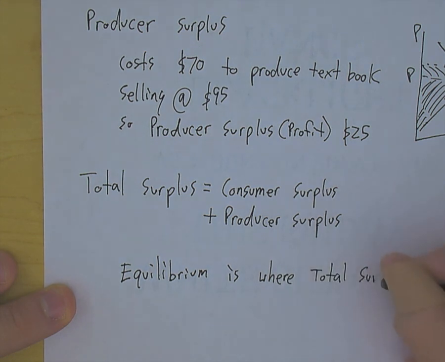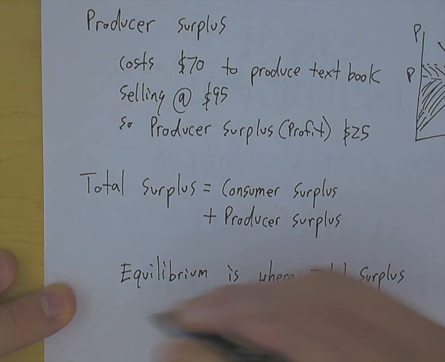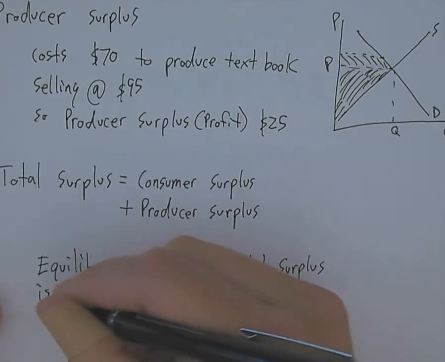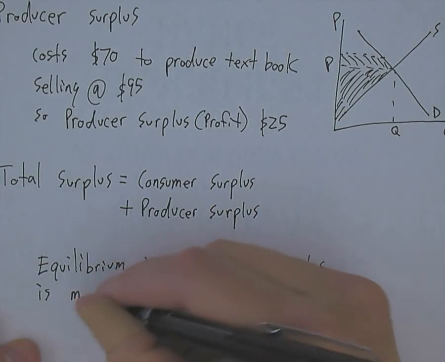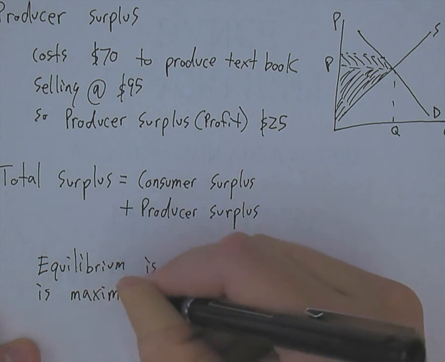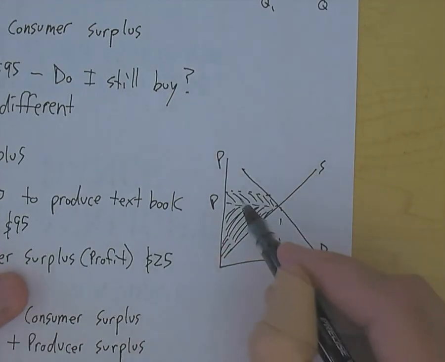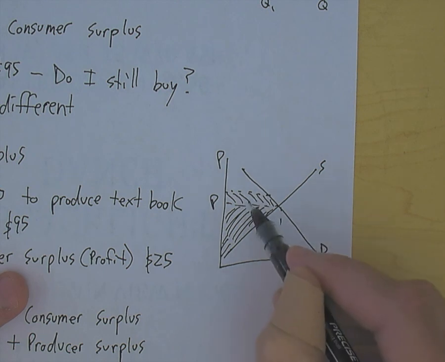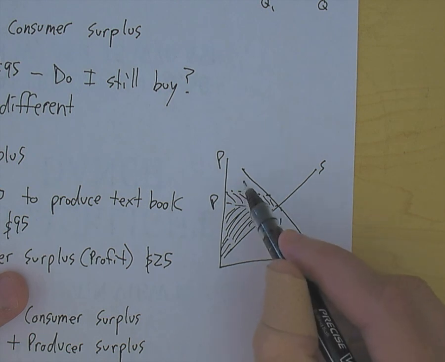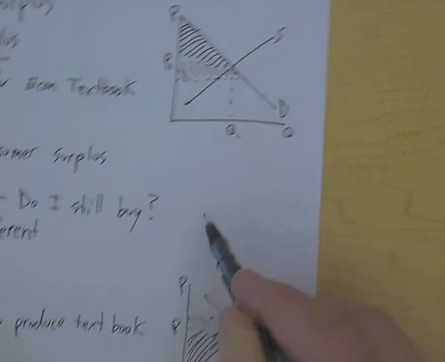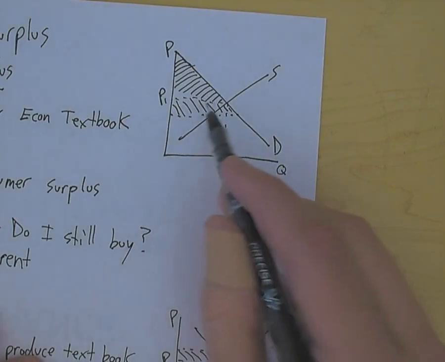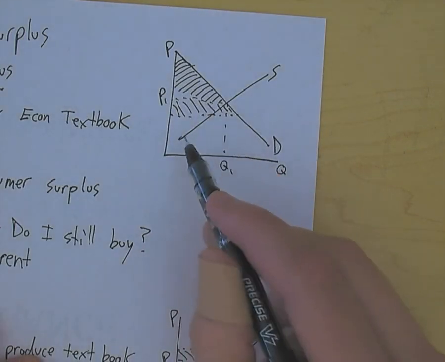Total surplus is maximized. Looking at this graph, if we tried to raise the price, you would add more producer surplus, but at the negativity of taking away consumer surplus, right here. The same down here: if you lowered the price, you would add consumer surplus, but by giving up producer surplus.